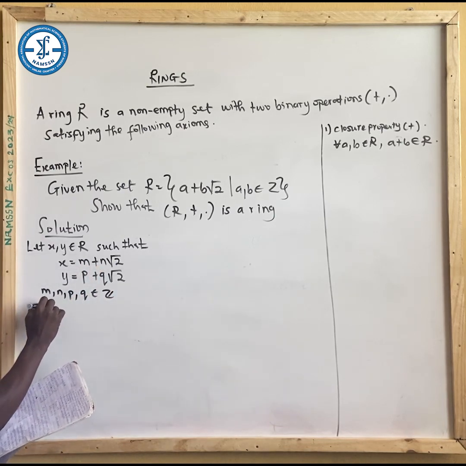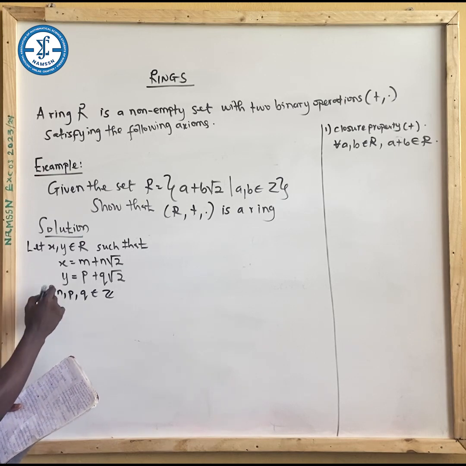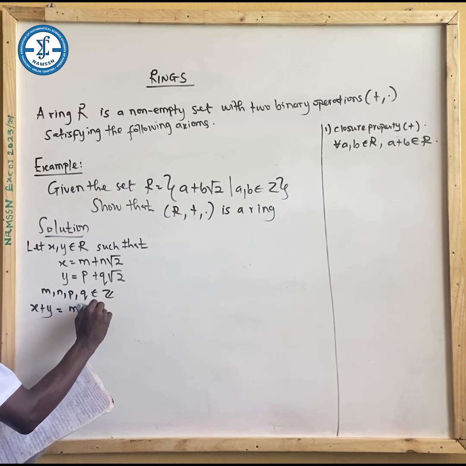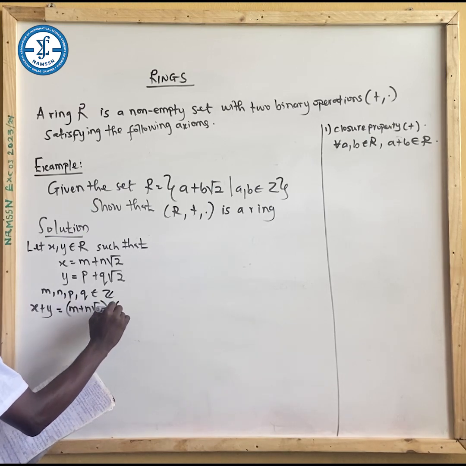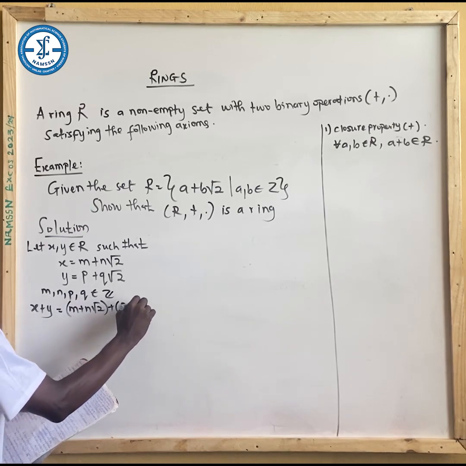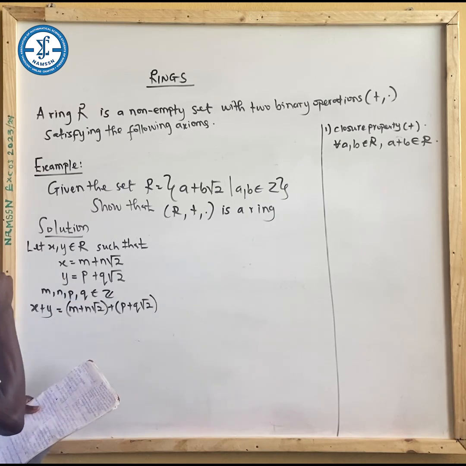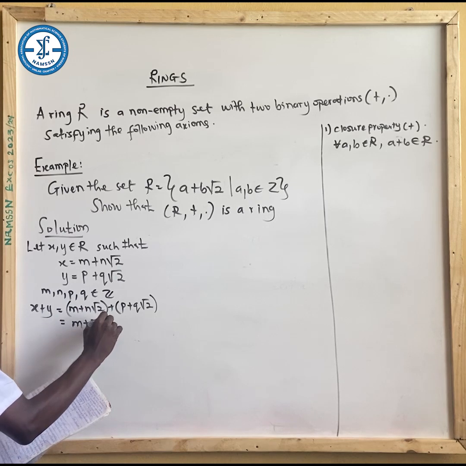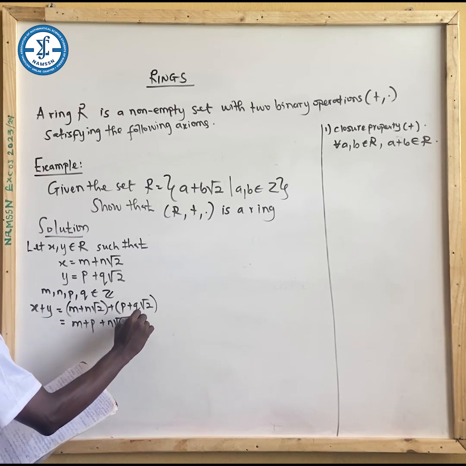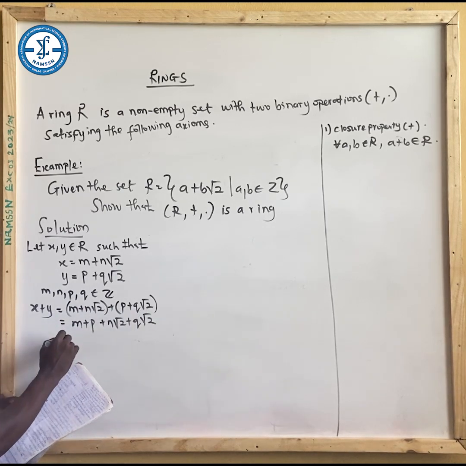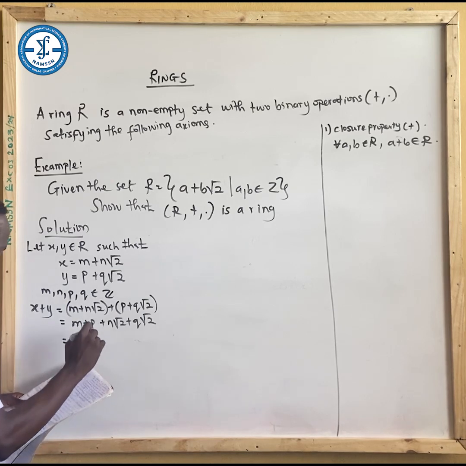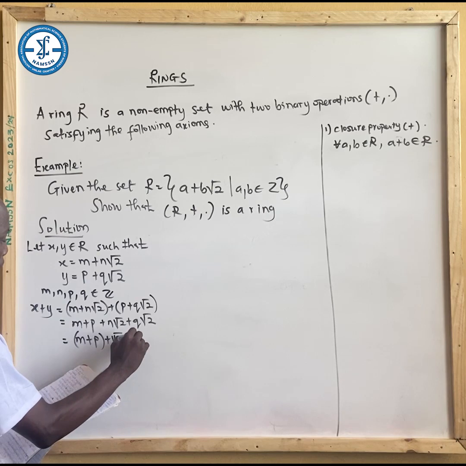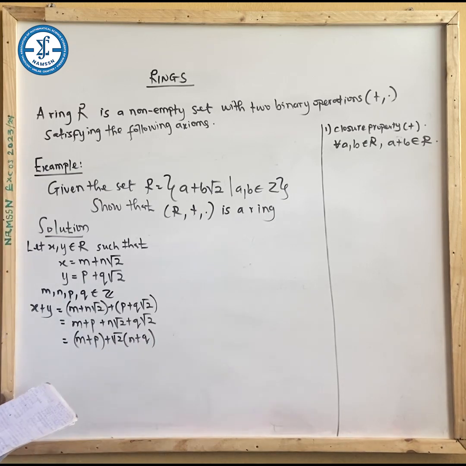So closure property under addition, that will be x + y, which will be equal to, my x is m + n√2 plus y, which is p + q√2, and this will be (m + p) + n√2 + q√2. And this is (m + p) + √2(n + q).